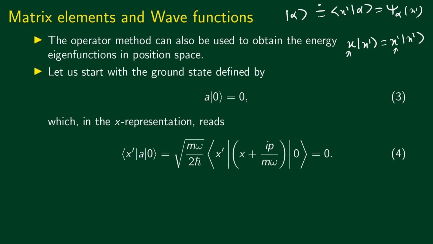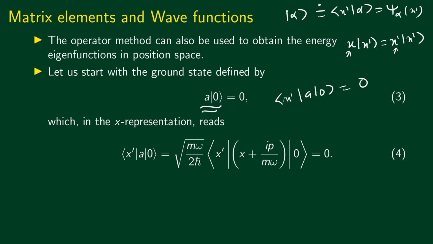Let's now start with the ground state. The ground state is defined by a acting on ket 0 is equal to 0. This relation says that this particular ket, a acting on ket 0, is a null ket. The corresponding expression in the position basis would be bra x prime a acting on ket 0 is equal to 0.